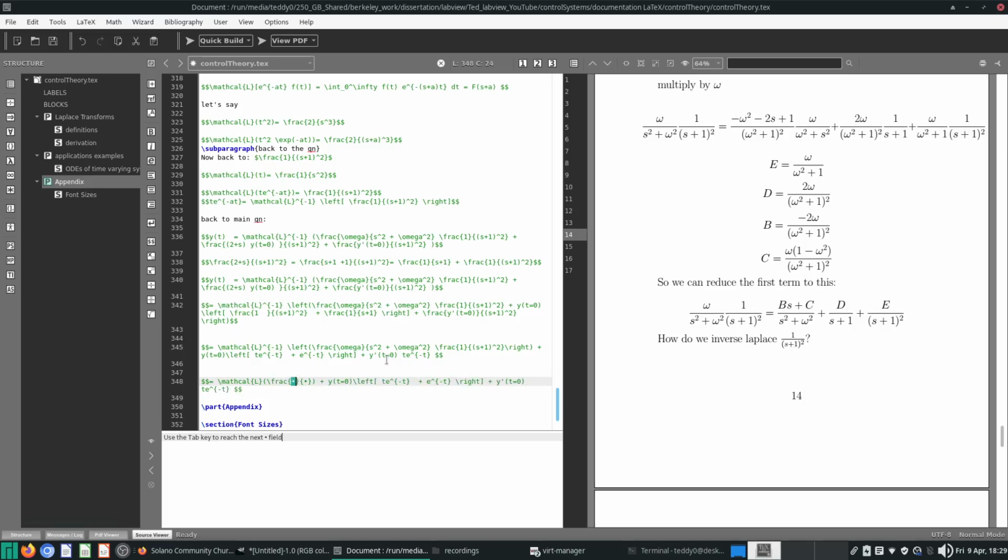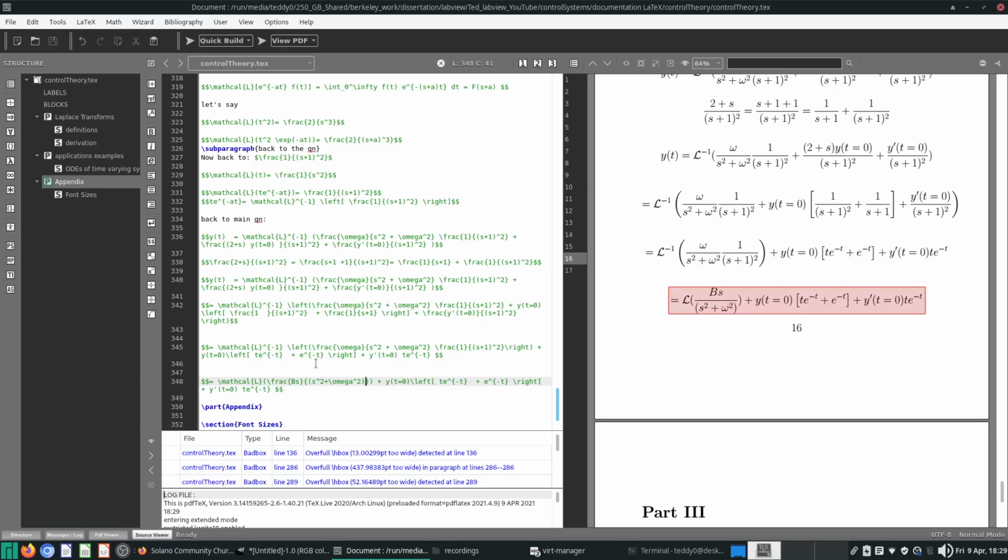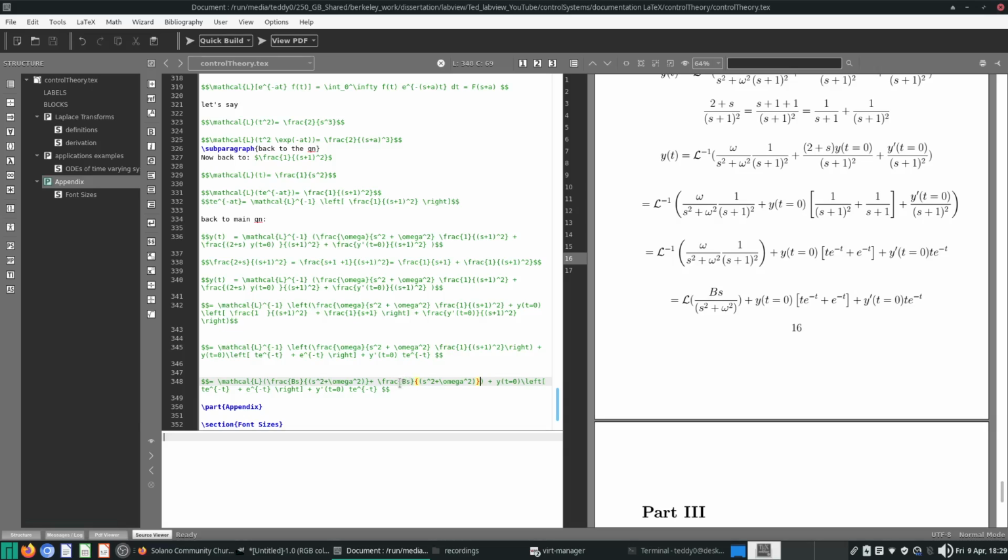So I have a fraction of b s over s squared plus omega squared. Okay, and then we'll have a c as well over here.